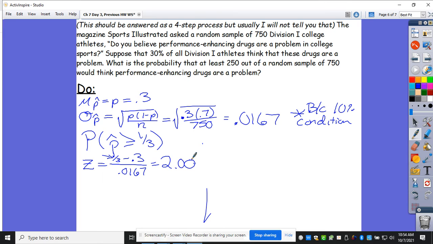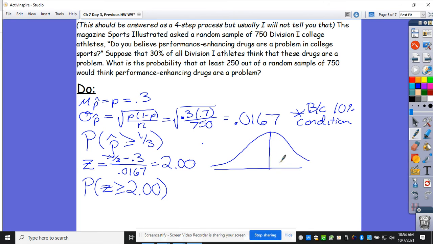So now that I've got my z, I'm rewriting it as P of z is greater than or equal to my z-score. What do I do from there? So my z-score is positive, so it's over here. Which way do I shade? To the right, because it says greater than.